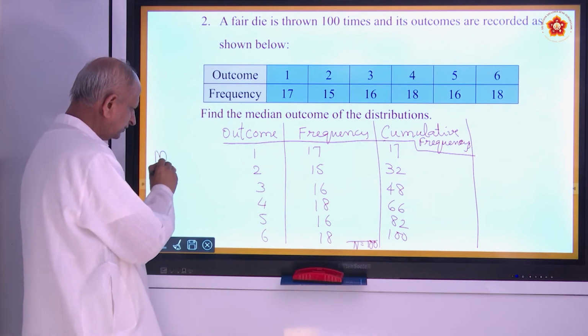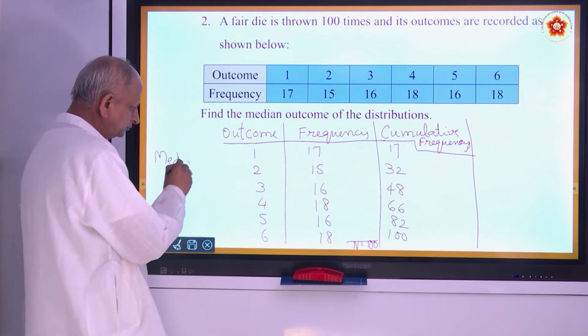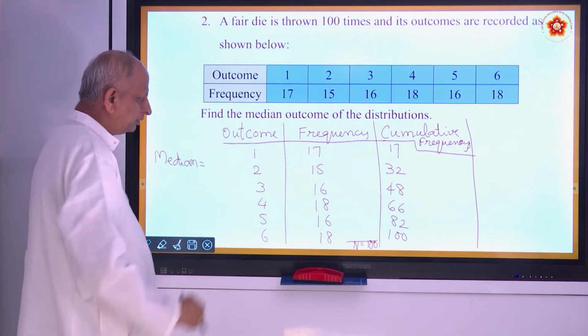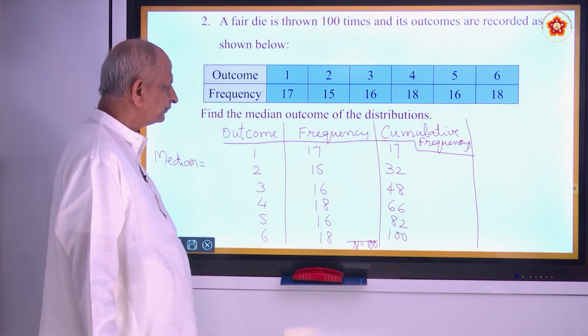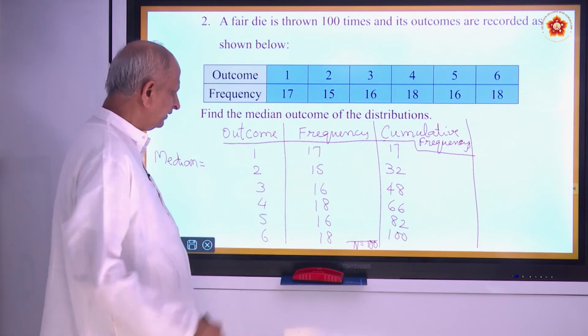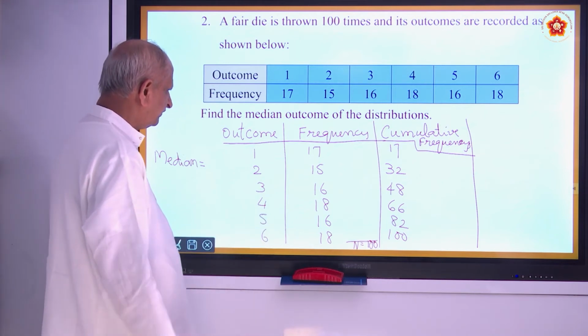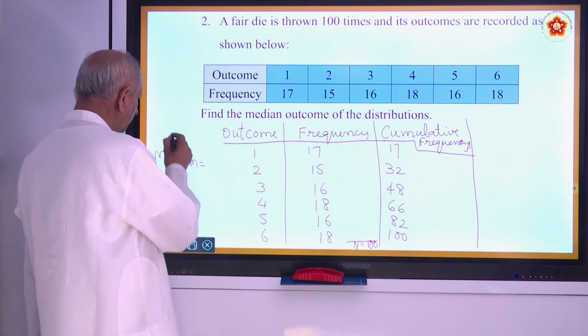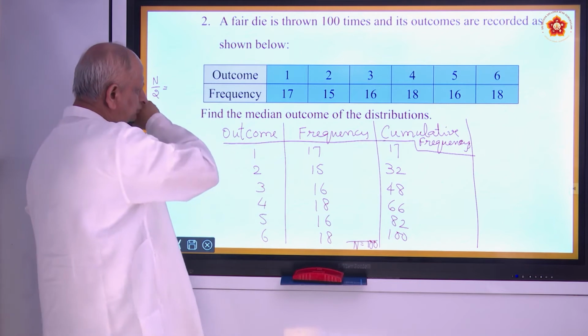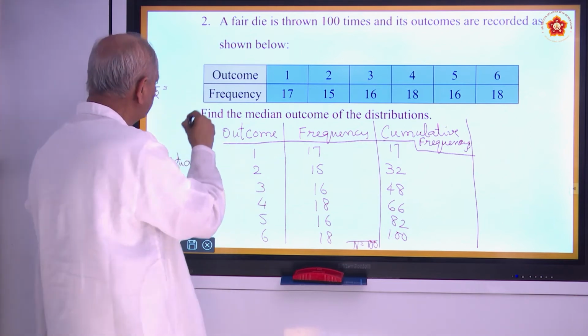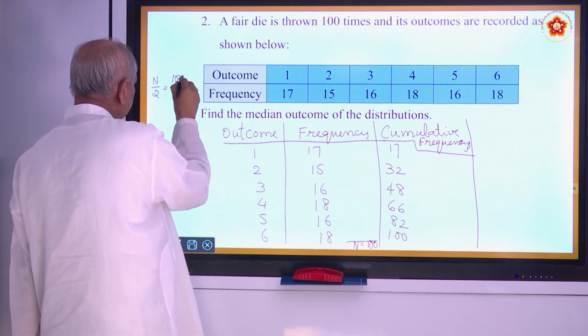I write it here. Note down. Median is equal to, in case of, here it is even. So even means you must find out n by 2. N by 2 means how much? 100 by 2.